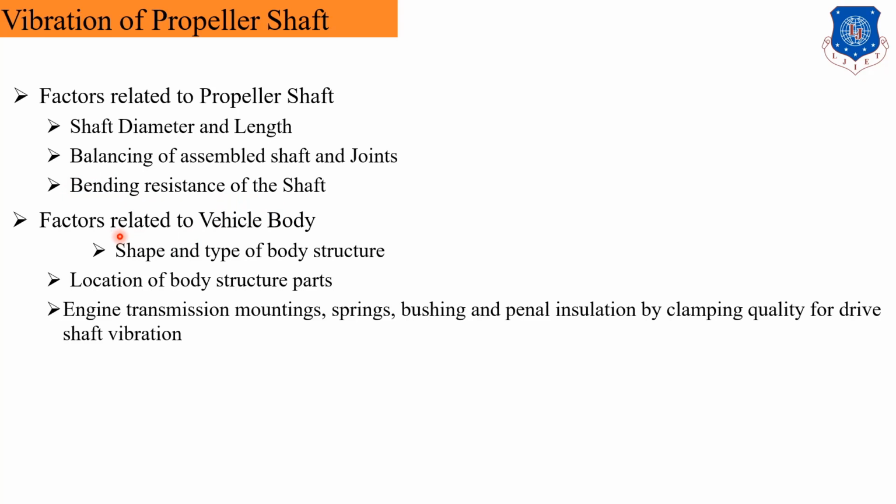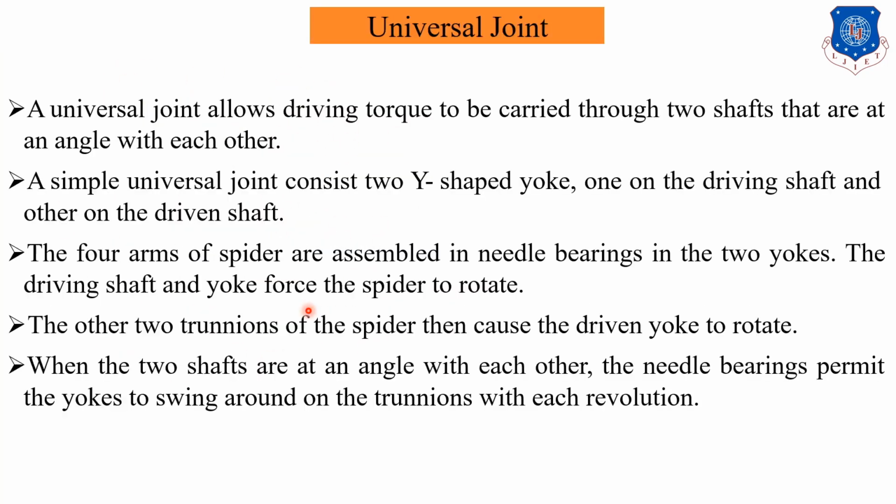Next, the factors related to the vehicle body: the shape and type of the body structure, location of the body structure parts, engine and transmission mounting, springs, bushings, panel insulation, clamping, and quality of the driving shaft. These are all the factors on which the vibration, or whirling, of the propeller shaft depends.